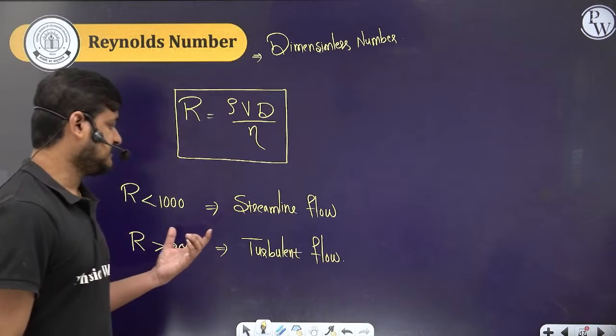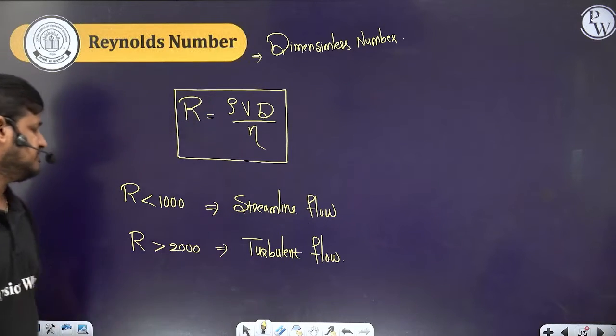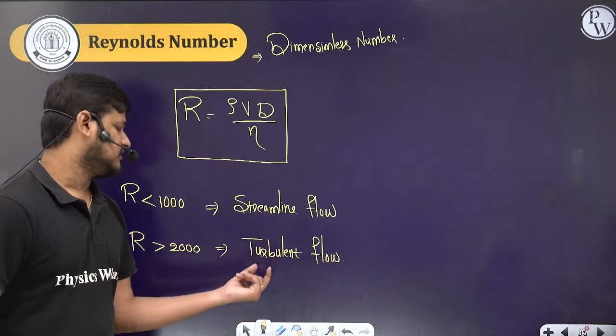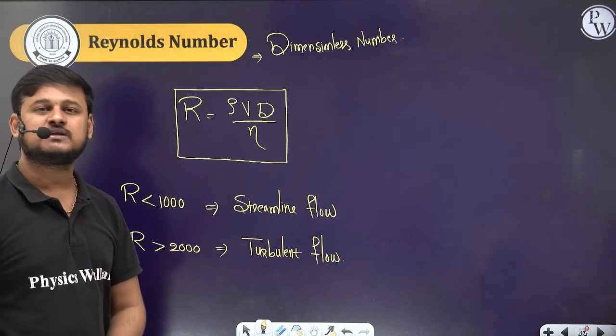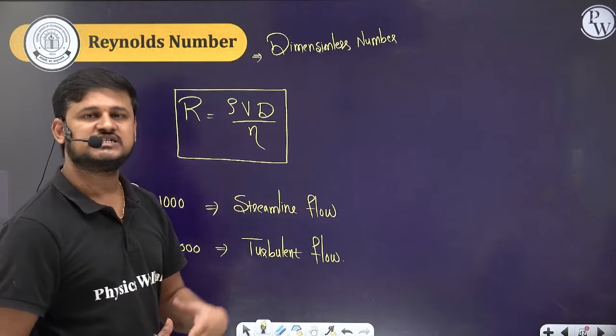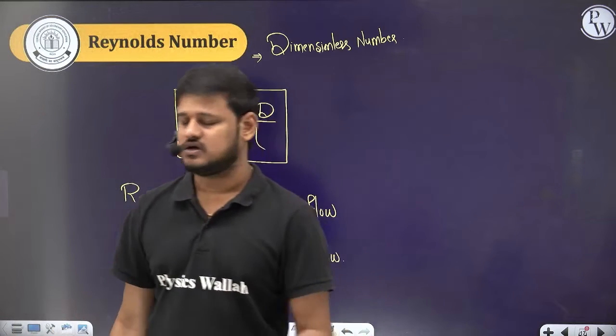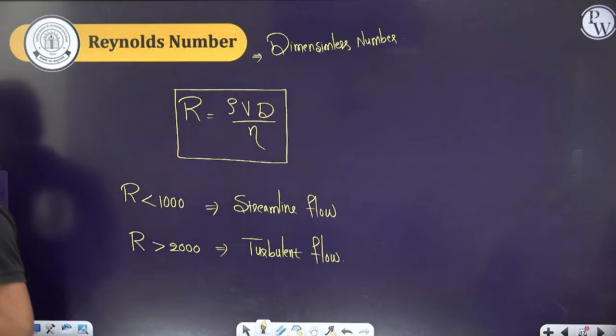Okay, clear guys? R less than 1000, streamline flow. R greater than 2000, turbulent flow. So what about between 1000 and 2000, sir? It's uncertain. We can't say whether it's a streamline flow or the turbulent flow. Clear, everyone?